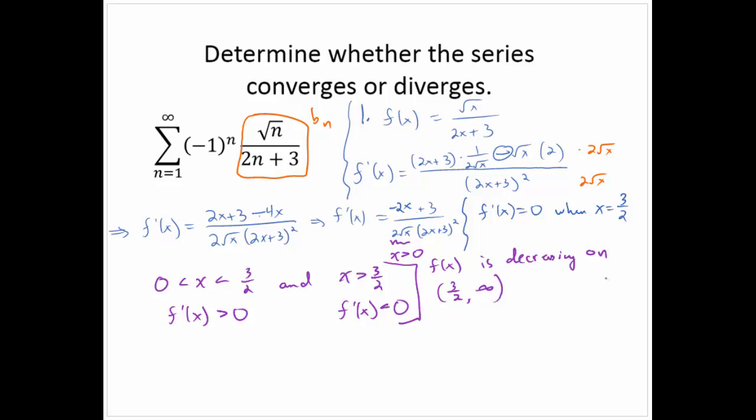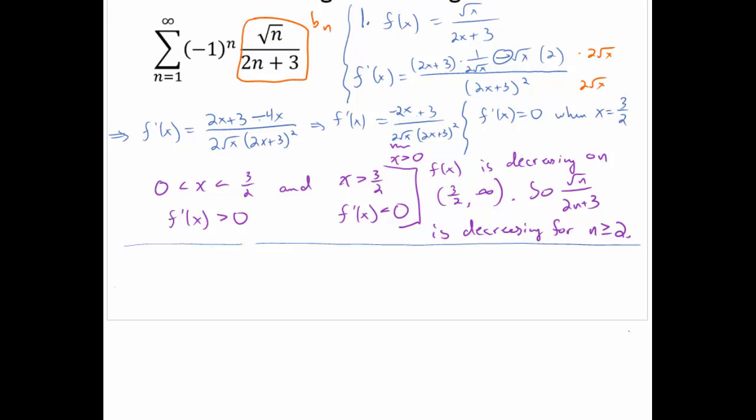Okay, so f of x is decreasing on 3 halves to infinity, so that tells me that root n over 2n plus 3 is decreasing for n greater than or equal to 2. All right, now the second condition, let's take the limit as n approaches infinity of b sub n.